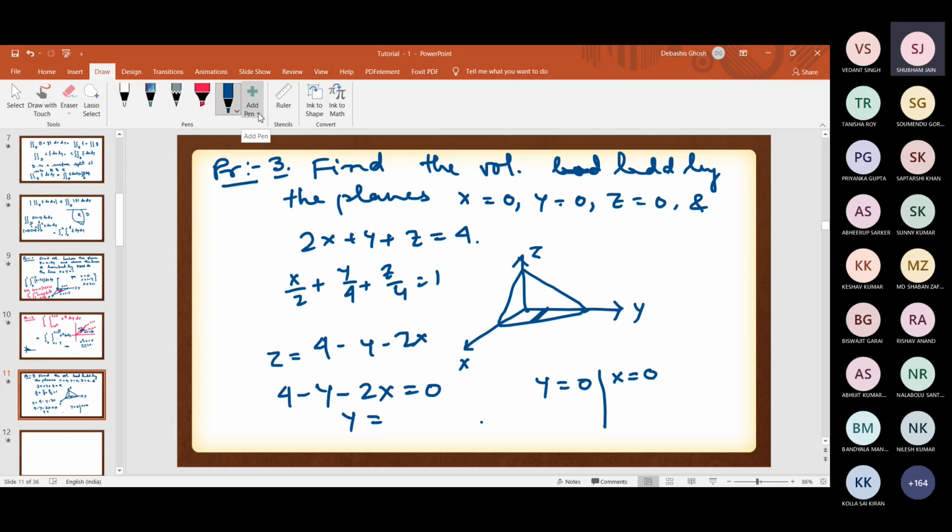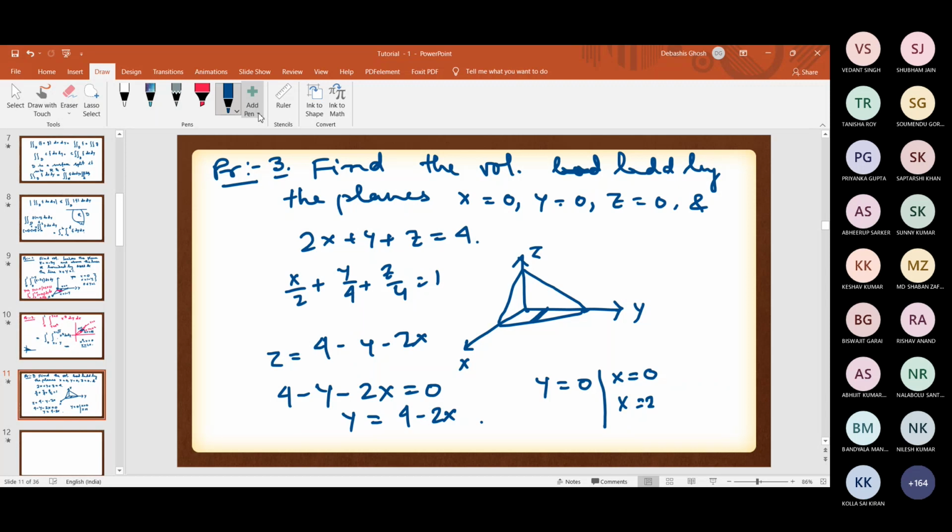So we can directly get it from intercept form also, no? Yes, you can also get it from there. Then you can move it along the x-axis, from x equals 0 to x equals 2, where 4 minus 2x equals 0.